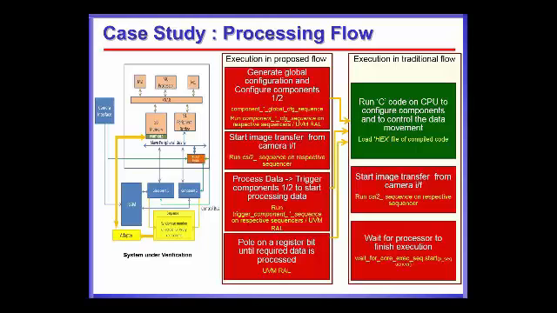And then we started the image transfer from the camera interface. Again, it's off platform, so it could be started from the test bench itself. The processor has no role to control this particular off-platform peripheral. And then once there are enough lines in the buffer, we started to trigger these components to process that data.